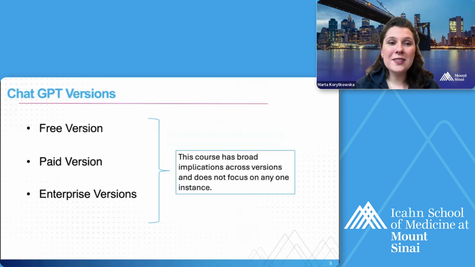Note that our course today does not focus on any one version, but rather is a general foundations course, focusing on the free version, possible individual paid versions, and also enterprise versions or EDU versions. So this course has broad implications across these various versions and does not focus on any one instance.